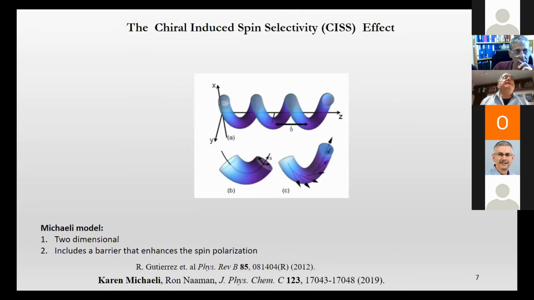And apparently this degree of freedom is very important for obtaining the spin polarization. The second thing she introduced is a barrier in the form of a dipole moment, but it can be any other barrier. And this barrier causes the enhancement of the spin polarization. So she was able to obtain spin polarization of up to tenths of a percent. And that was nice. But the question was, is this sufficient?